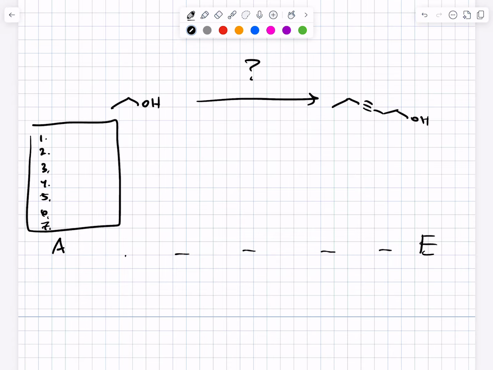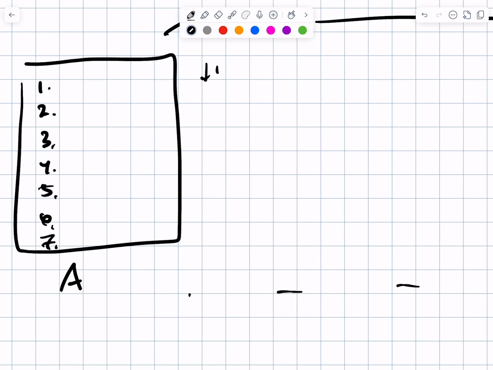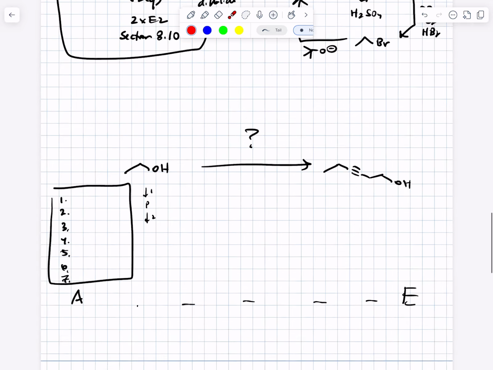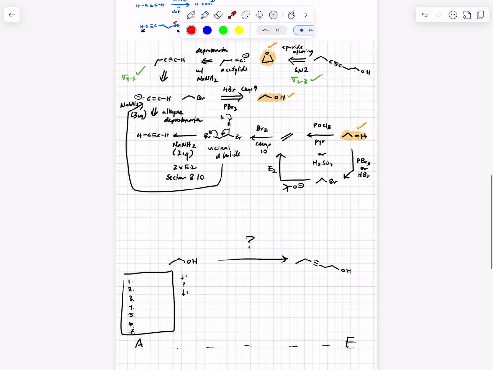If you're going to do that, you need to write out the product from each reaction and make sure that it works, because I will make it so that this list looks like it's going to work, but there will be a reagent that does something that doesn't give you the right stereochemistry or doesn't give you the right product. So don't do it in your head. And in fact, it'll work best if you actually plan out the synthesis on scratch paper first and then look at the answers to see what you think is going to work.